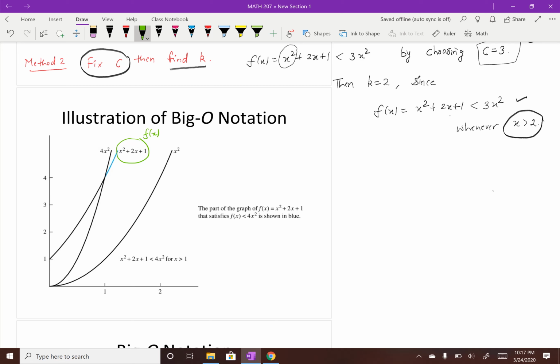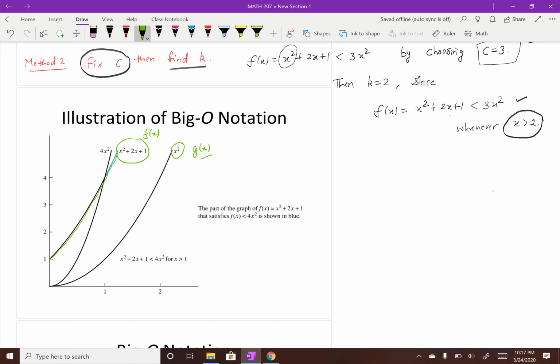Okay, so the growth of this function is defined by this curve. The given function g of x is here, which is your x square. Right now my f of x is bounding from above my given function g of x for every value of x.